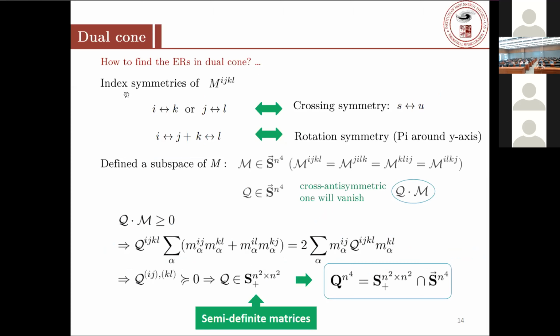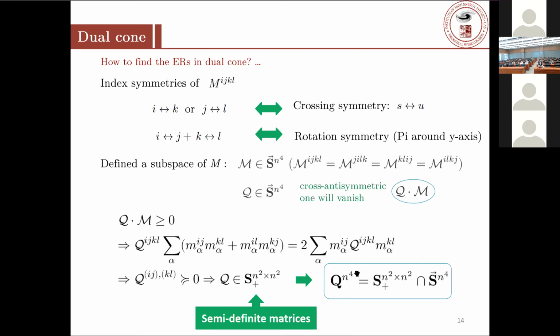Then we can also define the Q following these symmetries. If we expand the amplitude with M^{ij}M^{kl} plus M^{il}M^{kj}, then from this formula we know that the Q should be a positive semi-definite matrix, where the ij and kl are viewed as the indices of the matrix. Then we say the Q should belong to the intersection of these two subsets.